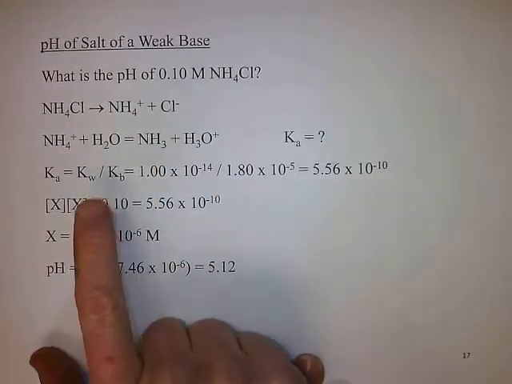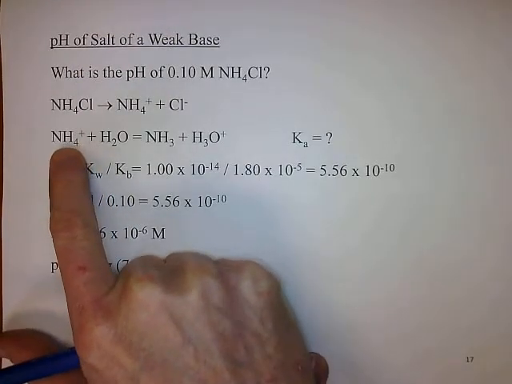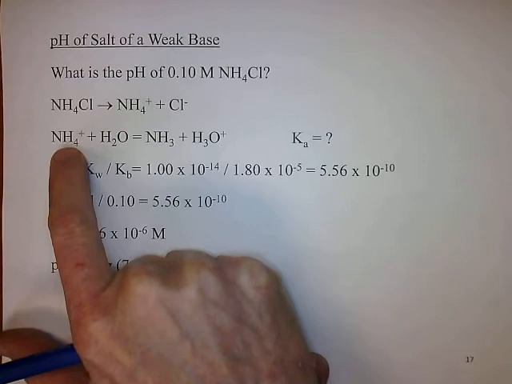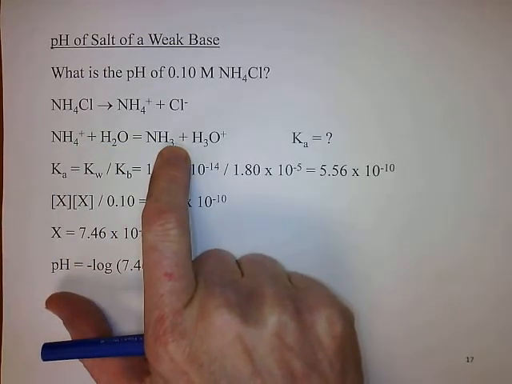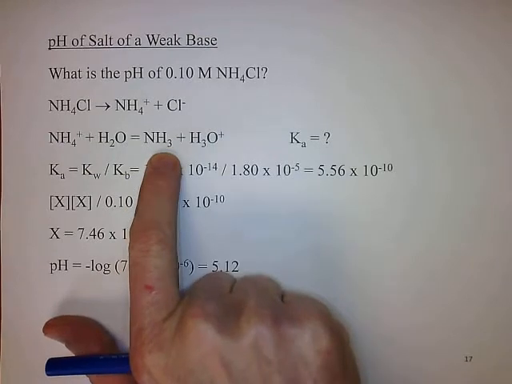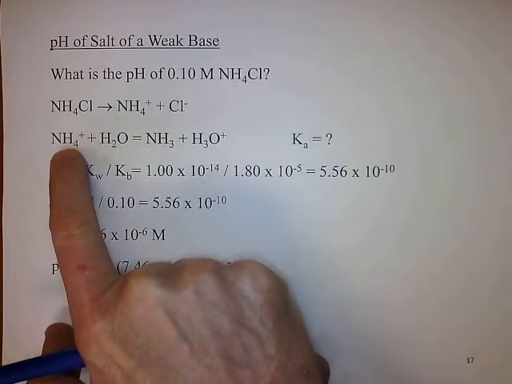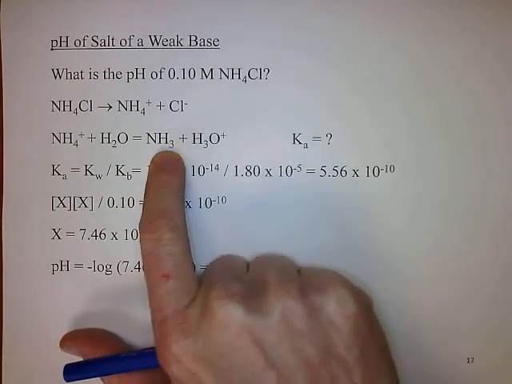So the ammonium dissolves in water. Now remember, ammonium is the conjugate acid of ammonia. So it's going to seek to reestablish that equilibrium with ammonia. In other words, it's going to want to give up a hydrogen ion and become ammonia.